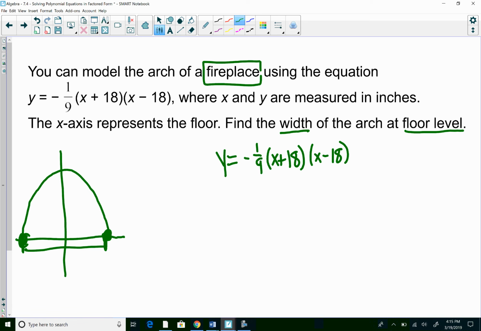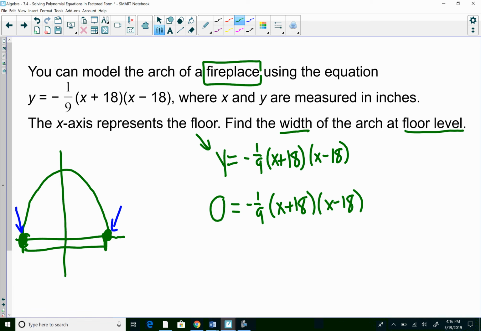Now, this is not a time where I have 0 set in for y quite yet, but notice how this picture is crossing the x-axis at floor level, where y is 0. So I can go ahead and say y equals 0 here. So I have 0 equals negative 1/9 times (x plus 18) times (x minus 18).